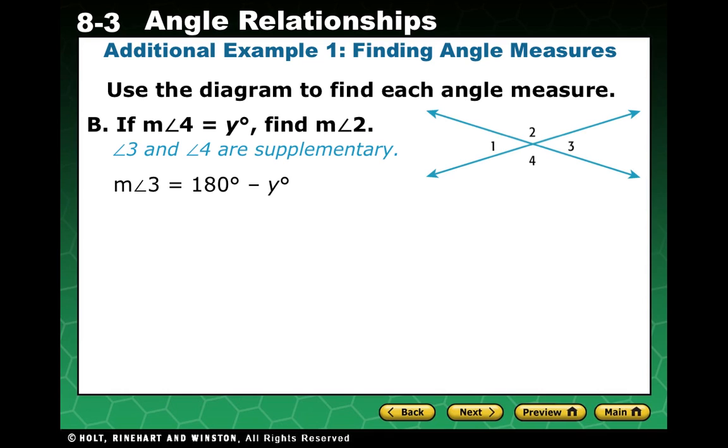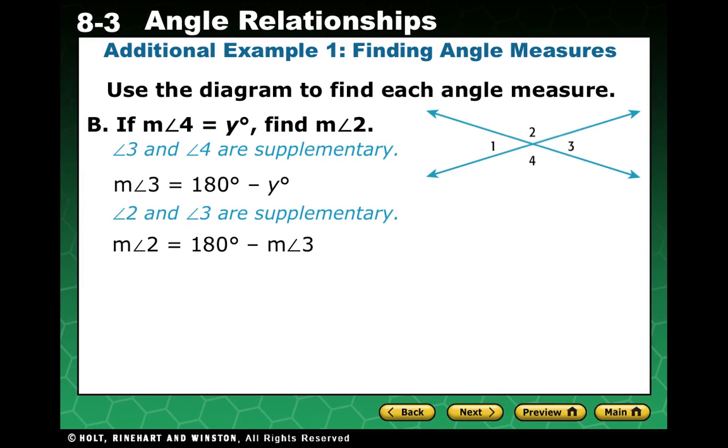Two angles that are right next to each other are called adjacent angles. Adjacent angles are always supplementary when we're talking about two lines that cross like this. Vertical angles, angles across from each other, are always congruent. So we know that if the measure of angle 4 is y degrees, the measure of angle 2 will also be y degrees.